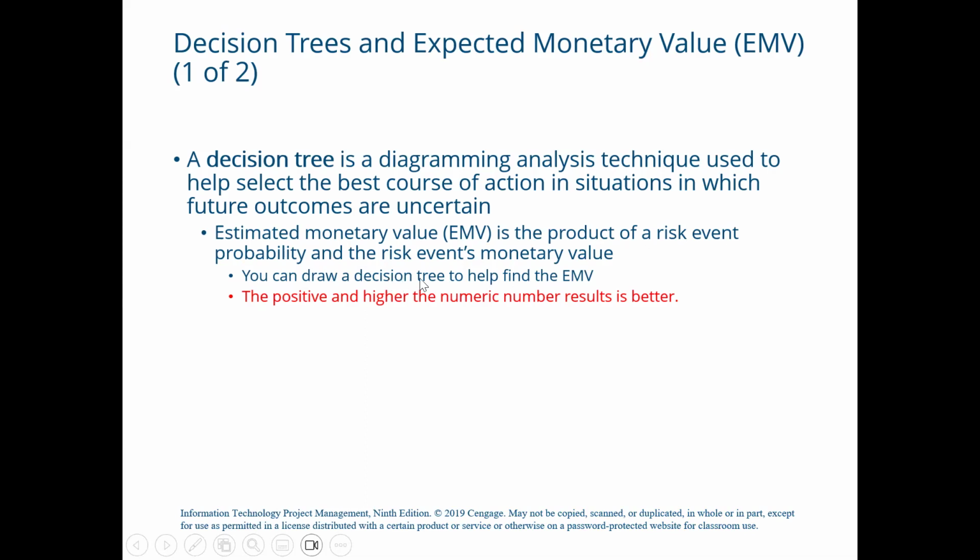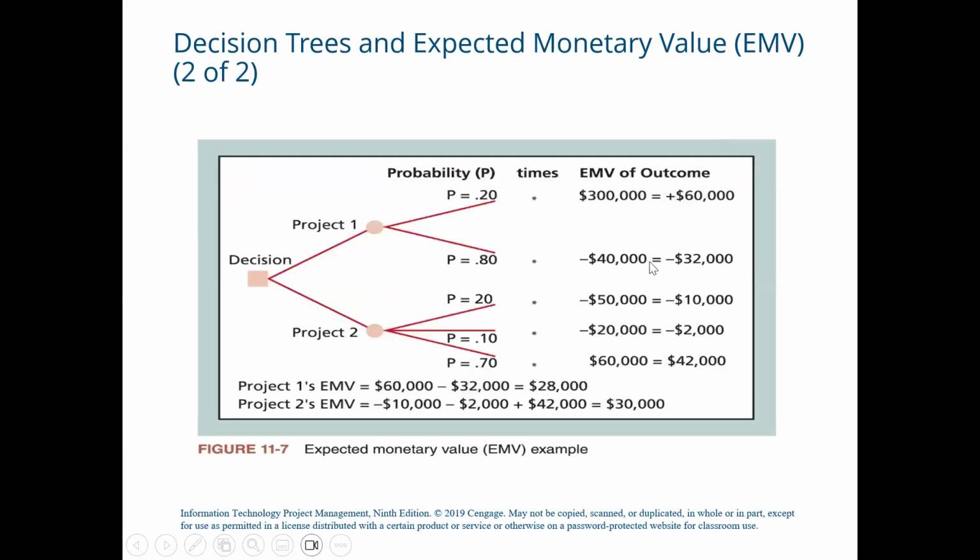You can draw a decision tree to help find the EMV. We will see in the practical part. The higher the positive numeric result, the better.